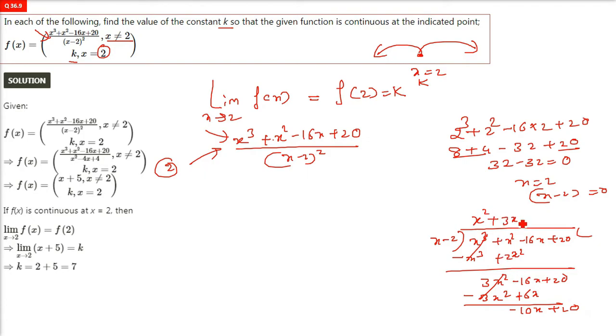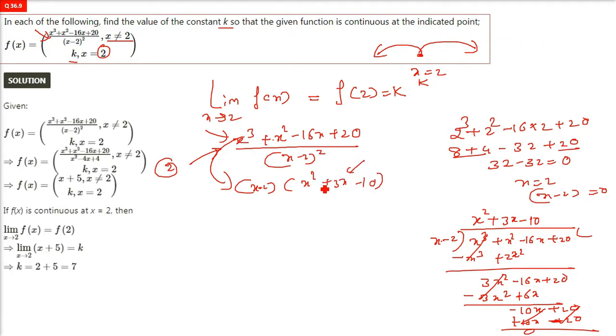So now we need minus 10x, so multiply by minus 10, you get minus 10x and plus 20. Now you can cancel these two out because you are subtracting, it will be 0. So what is the next factor? The factors of x cube plus x square minus 16x plus 20 are x minus 2 and x square plus 3x minus 10. So this factor we can easily find out.